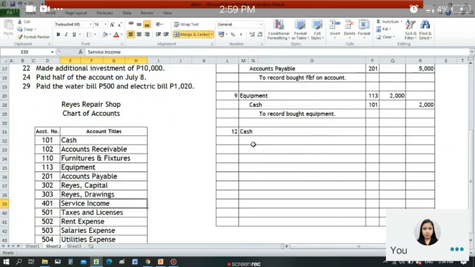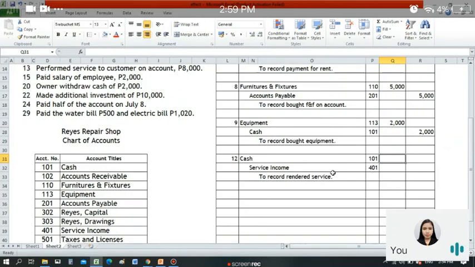So, we have service income. So, to record rendered service. Period. Don't forget to write period in the explanation. So cash is 101, service income is 401, and the amount is 5,000.